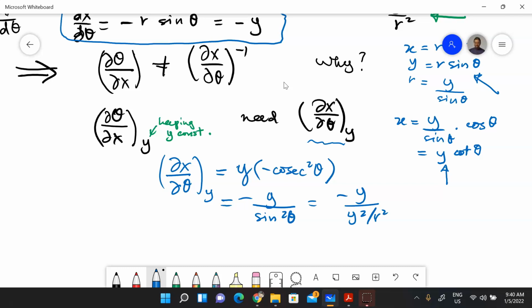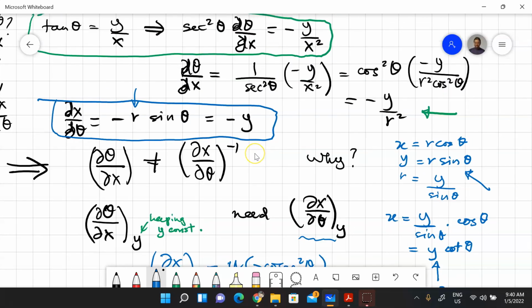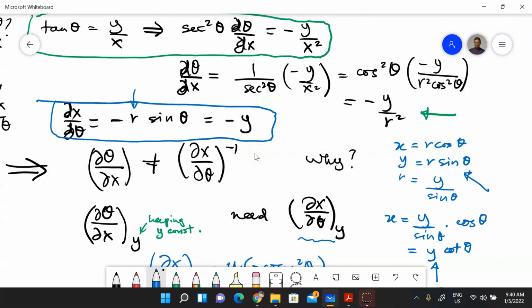What does that give you? That will give me minus r squared over y, which we can now compare with the one before with d theta dx.